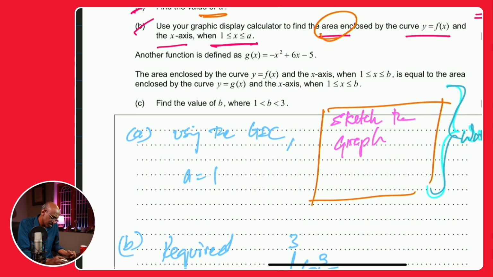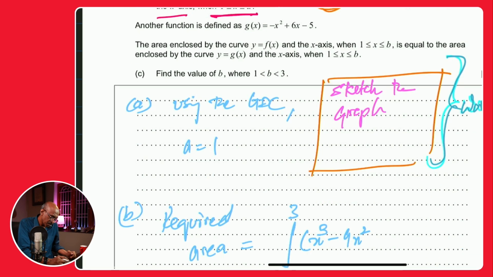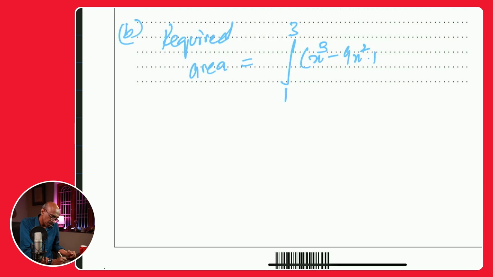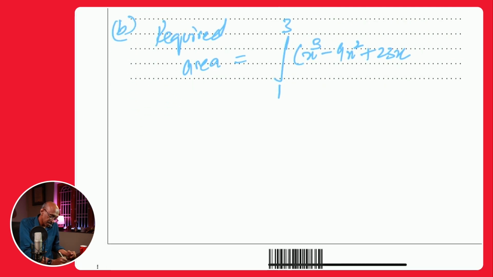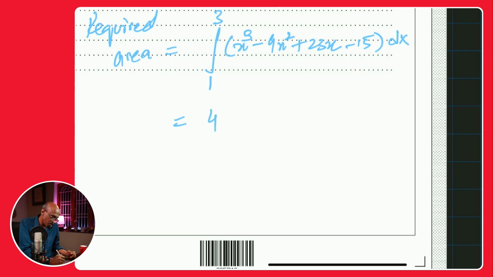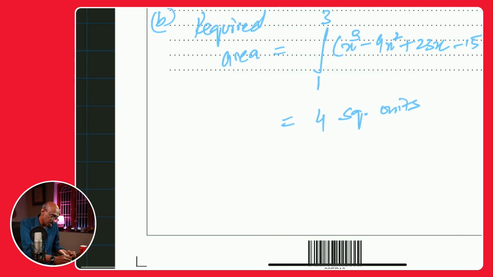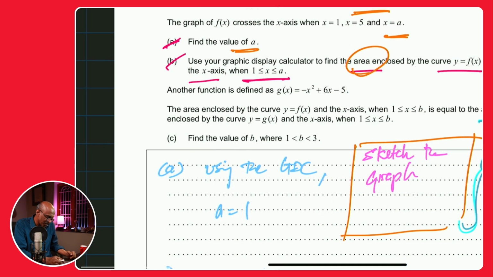Okay, x cubed minus 9x squared plus 23x minus 15, and close that bracket. Do not forget the dx. Every notation counts. Then you can write, and that is equal to 4 square units. Okay, and then you can write down using GDC here. So the examiner knows that you entered that expression and you got that. All right, so that's 1 A and B, very straightforward.